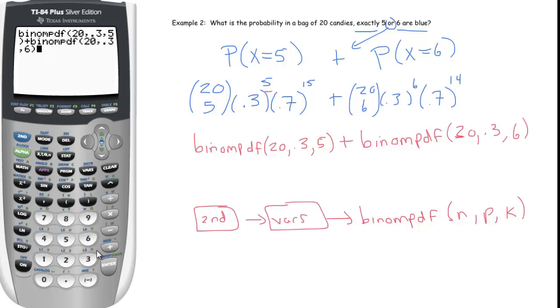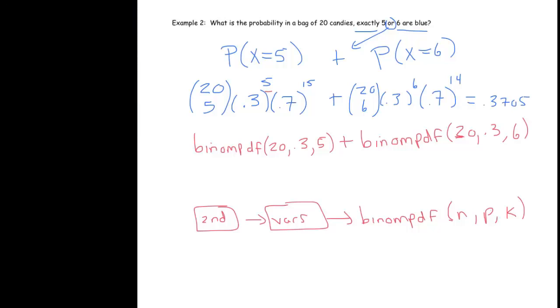And if we actually compute that out, I'm going to do it all in one line, and I got 0.3705. Great.